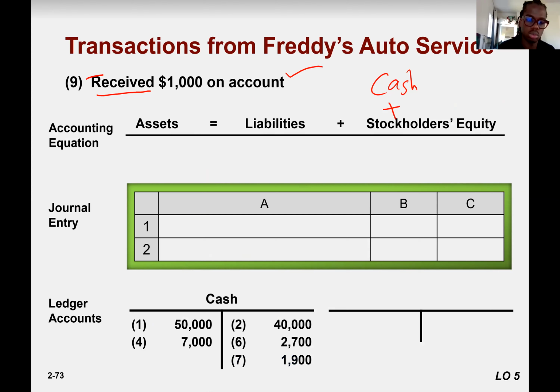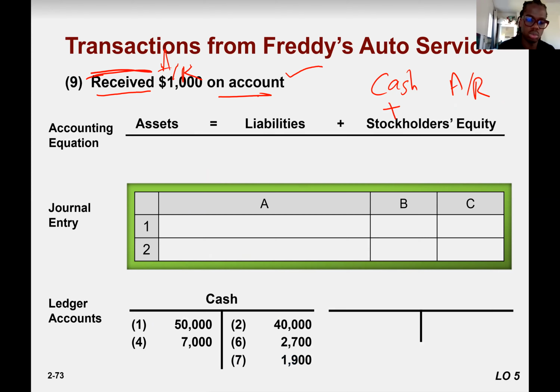What about the other? On account means that it was our asset and he has to pay us later, so now he is paying us. It means we are talking about the asset, the customer. That customer earlier didn't pay us and now he is paying us.